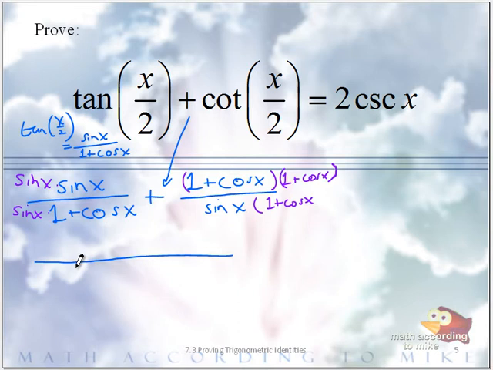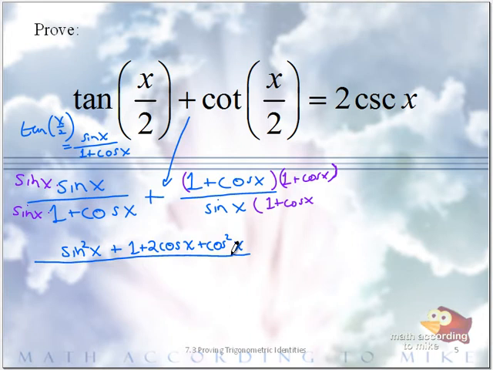So sine times sine would give you sine squared of x. Distributing or foiling through, what would we get? Good.